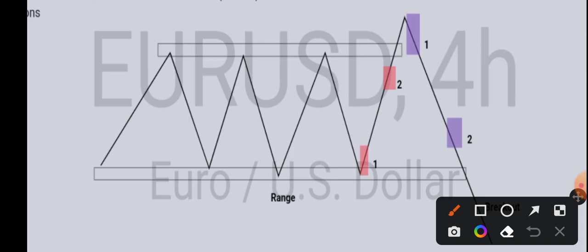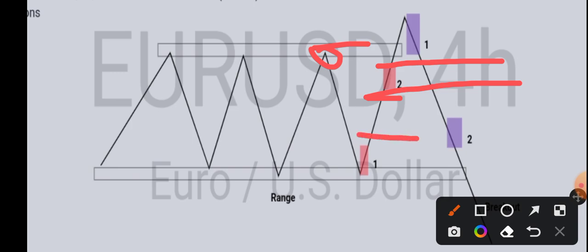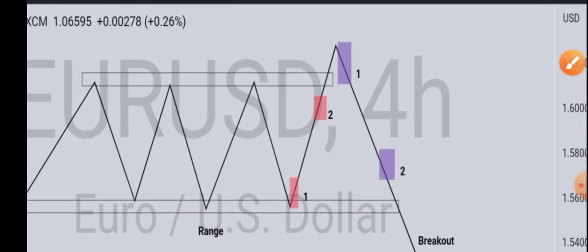But the main concept is, if there was supply here and this range caused price to break this supply, that means this is a strong zone. Are you getting me? And even this one here is also a strong zone because it caused liquidity.